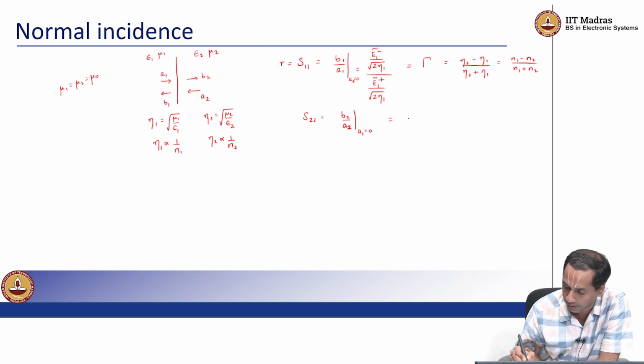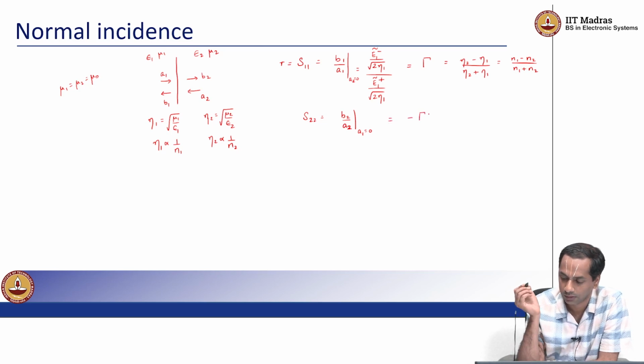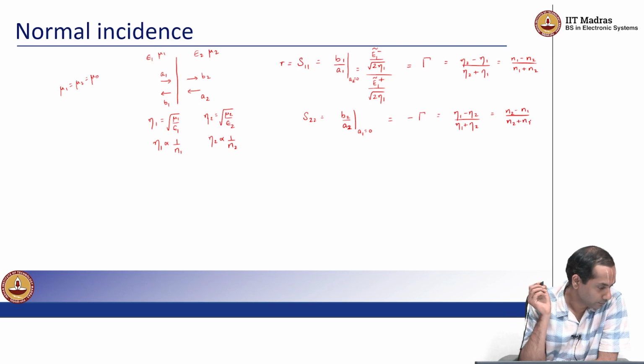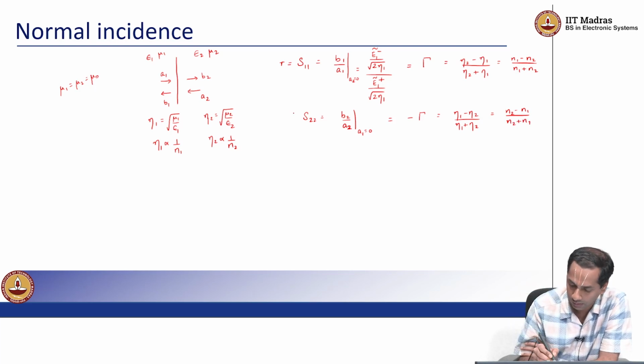We know that this is just minus of gamma, right? And this happens to be n2 minus n1 by n2 plus n1. Okay, so this we can say is minus r.